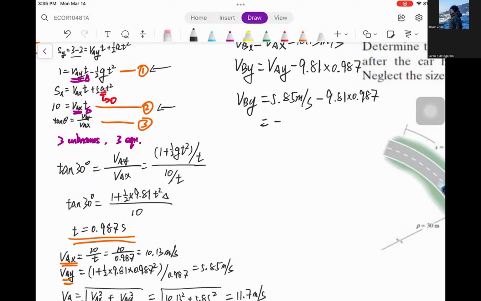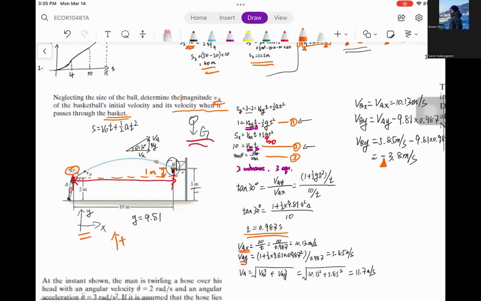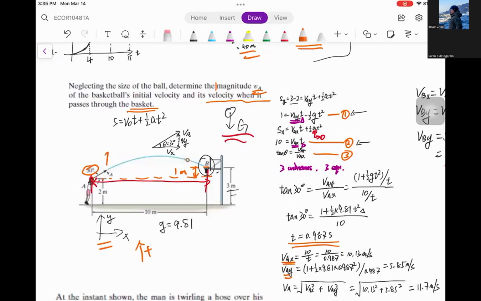So we have a negative velocity now. The negative sign here means the velocity is pointing downwards. And if you think about the real situation, it also makes sense. When you throw a ball, at first the ball is flying upwards, and when the ball is going into the basket, it's definitely going downwards.